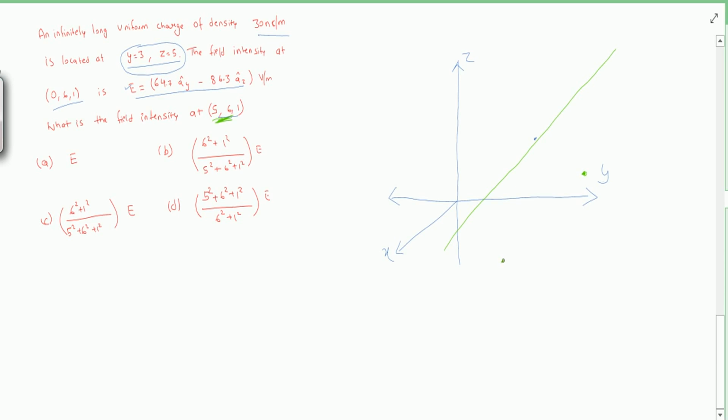If you imagine the 3D figure, the distance from the line will be the same for both these points.